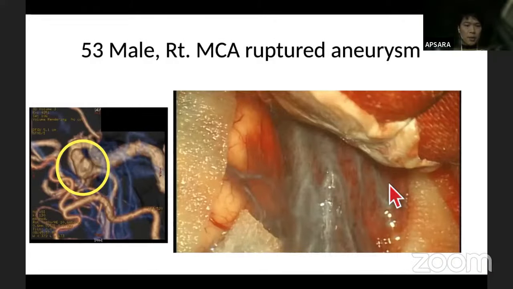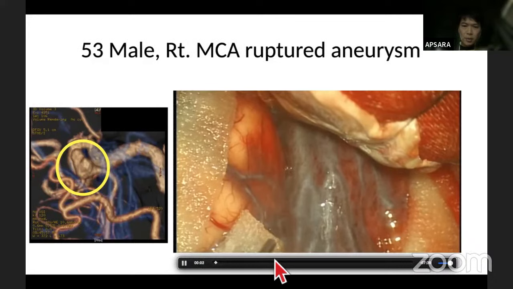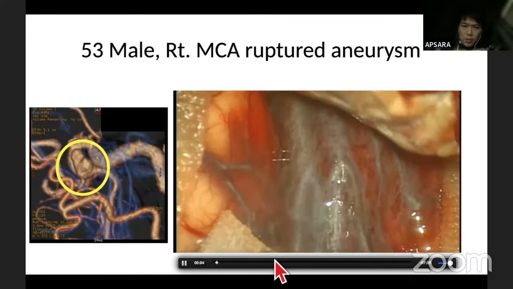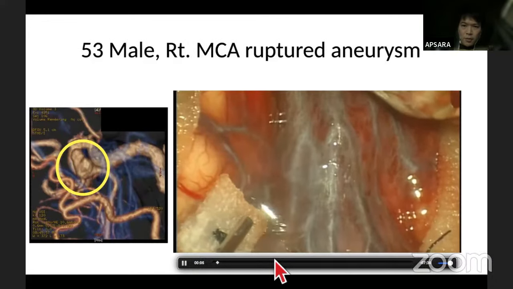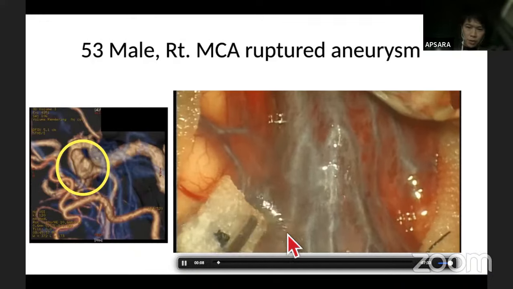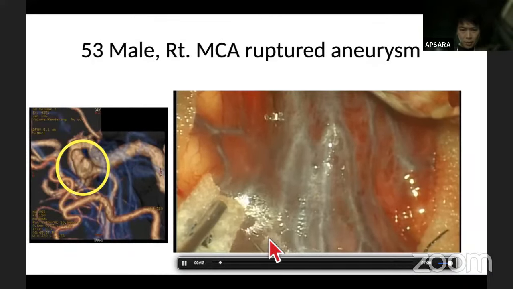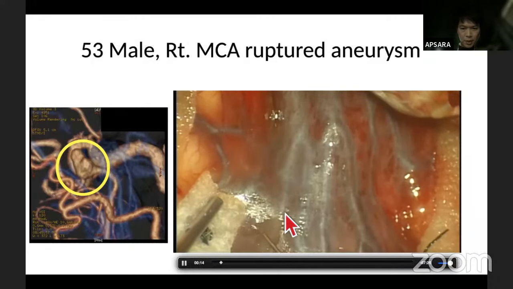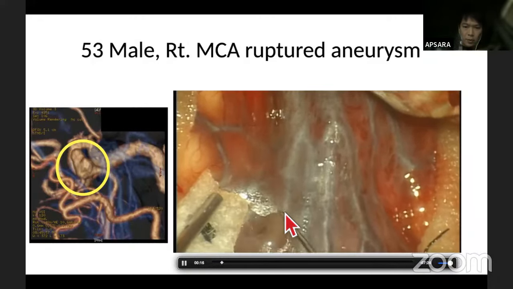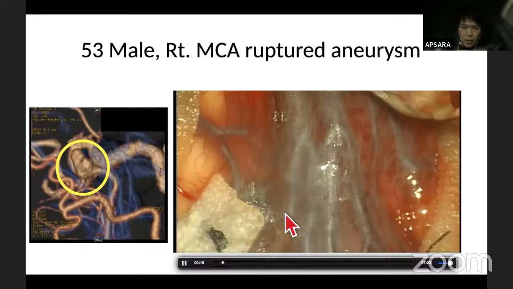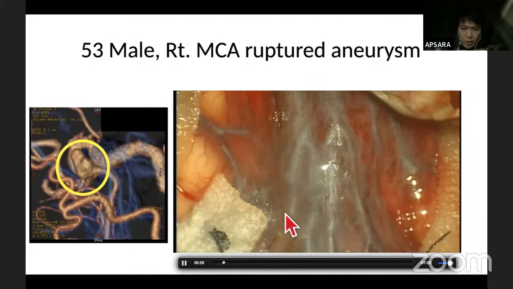Here is an example of subarachnoid hemorrhage, a right MCA ruptured aneurysm. I share some video. In this case, we see two branches of the Sylvian vein, but I choose the left side, which means the frontal lobe side first, because we can see some space here to open easily. I use the needle to just make a hole here.